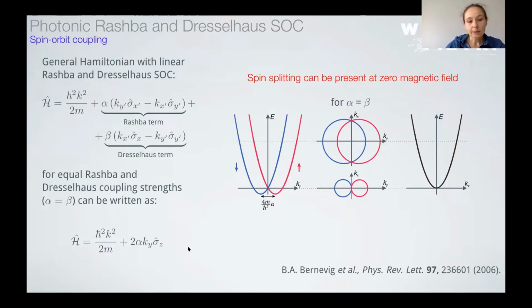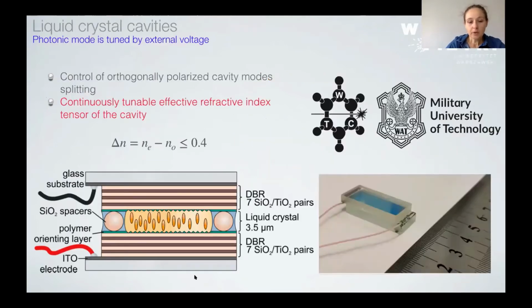And this will be a very peculiar realization of the Rashba and Dresselhaus spin-orbit coupling, and I would like to demonstrate how we can make it in our structure. What we are investigating in our group is a microcavity. We have two distributed Bragg reflectors, but what we put inside the structure is a liquid crystal.